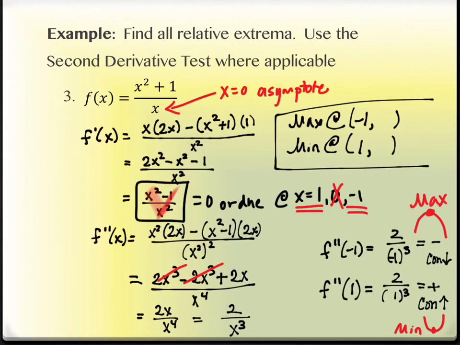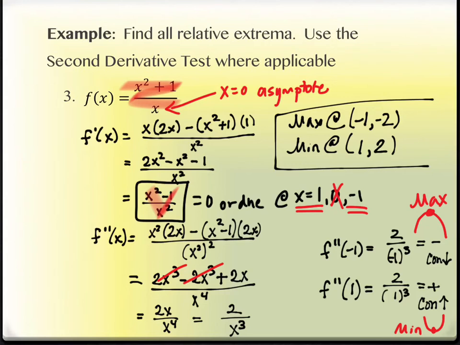So I just need the corresponding output values, and I can get that from the original equation. So if I plug in -1 into the original equation right here, I need an actual value now, not a sign. So what do I get? -2. And if I plug in 1, I get 2.